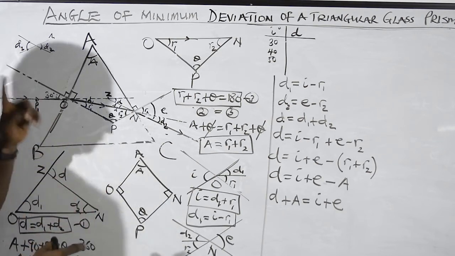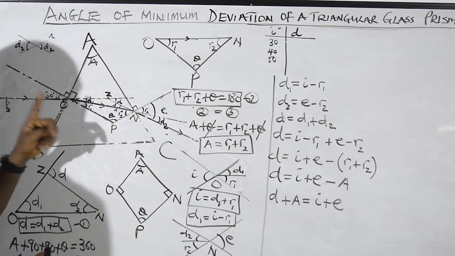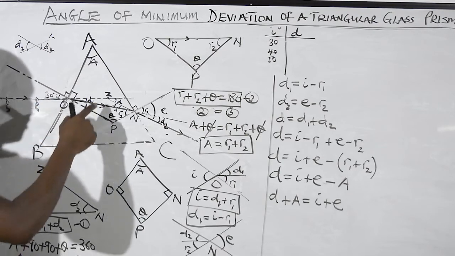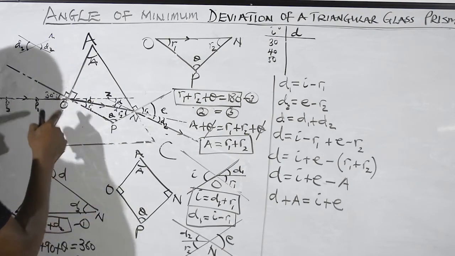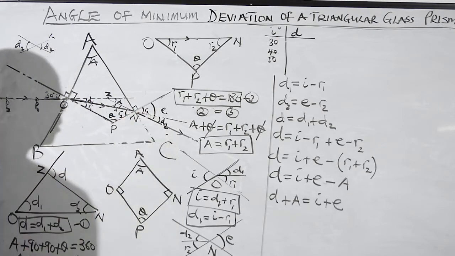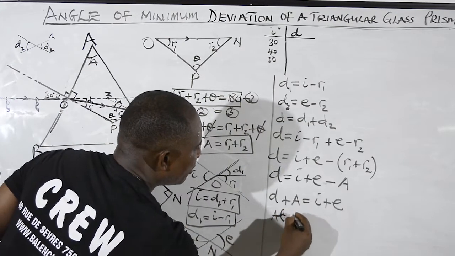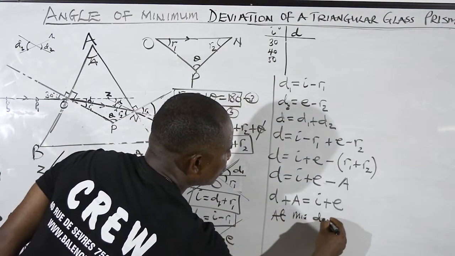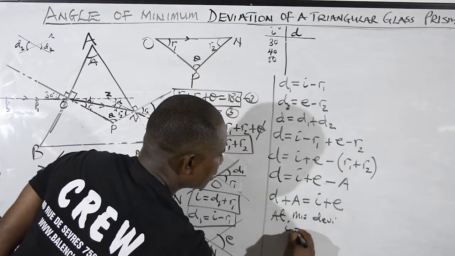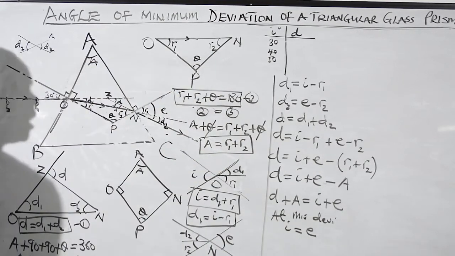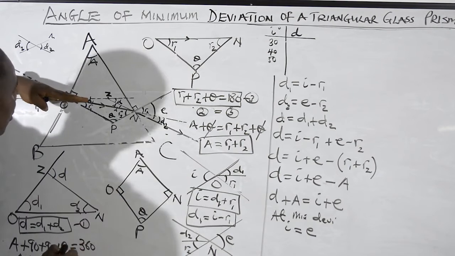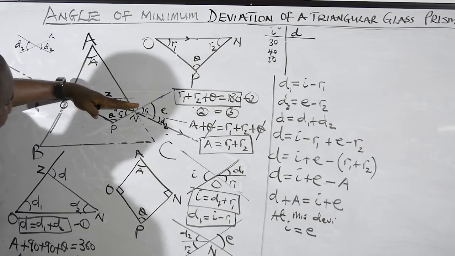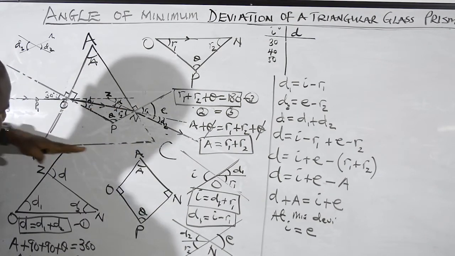So that is the time you expect minimal deviation to occur. And when that happens, the angle of incidence is always going to be equal to the angle of emergence. So at minimum deviation, the angle of incidence is equal to the angle of emergence. And at that point, the refracted ray is always going to be parallel to the base of the block.